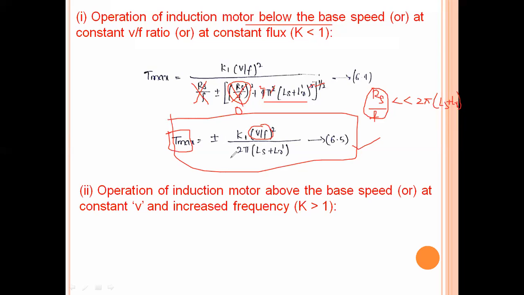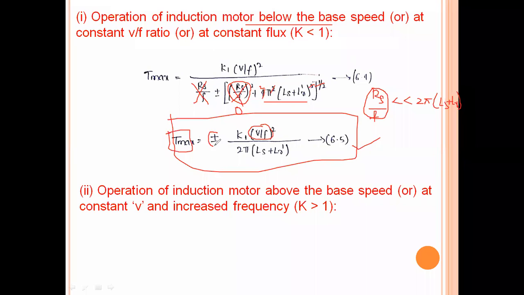So for lower speeds also, irrespective of speed, we can achieve the maximum torque under this operating mode, because we are keeping this V by f ratio constant. All other parameters are constant, right? So the developed maximum torque must be constant for any different speeds. For low speeds also we can achieve the maximum torque, so we need not bother about the speeds.